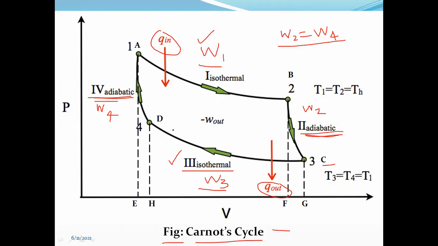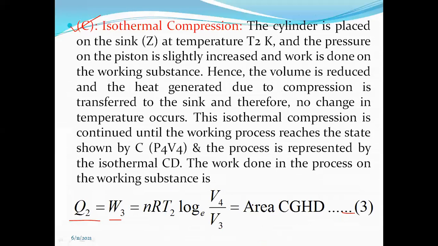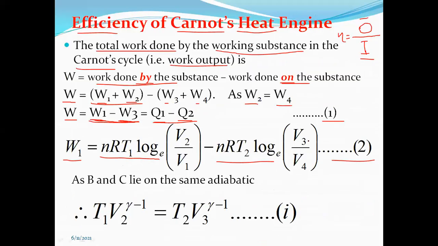If we compare the directions of the work done on the substance and by the substance, this is opposite to that one. So I have written Q2 is equal to W3 upon nRT2 log to the base e V4 upon V3, but in the calculation of eta, I have written V3 upon V4, because here we have to take the difference.